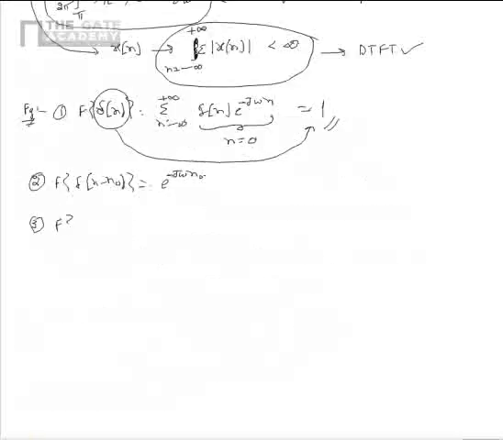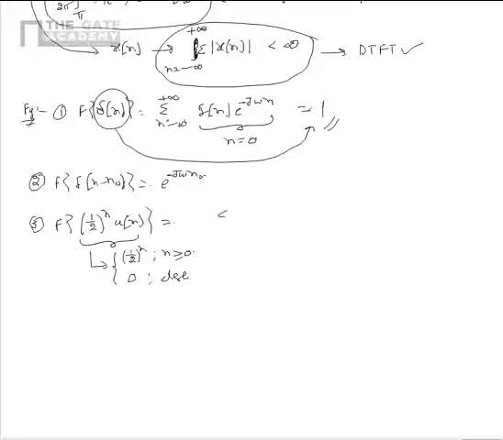Now find the DTFT of 1 by 2 whole power n u of n. We know that 1 by 2 whole power n u of n is 1 by 2 whole power n for n greater than or equal to 0, and it is 0 otherwise. So the DTFT upon simplification can be written as sigma n equal to 0 to infinity 1 by 2 whole power n e power minus j omega n.